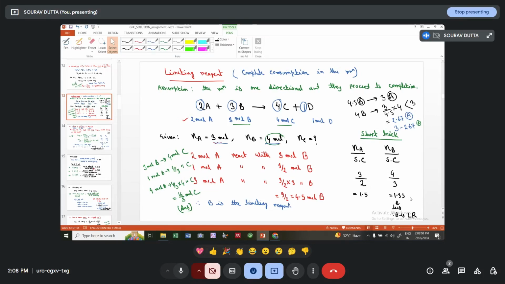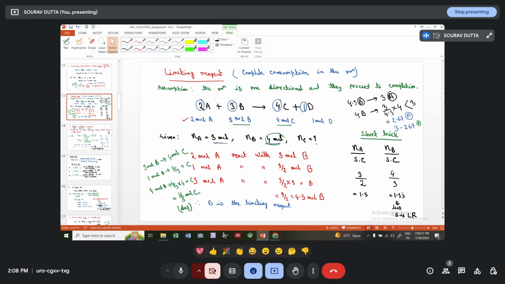Now between these two values, 1.33 is less than 1.5, so this value is less, and its corresponding reagent will be the limiting reagent. So B will be the limiting reagent. If this value were less than 1.33, then A would be the limiting reagent. So the point is, among the ratio values you calculate, the one that is smaller, its corresponding reagent will be the limiting reagent.